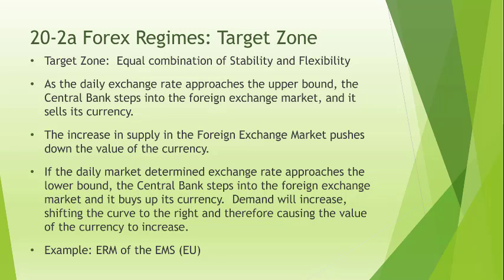It effectively sells the domestic currency and starts buying the foreign currency, whatever that is. So the increase in supply in the foreign exchange market pushes down the value of the currency. If the daily market determined exchange rate approaches the lower band, the other way around, then the central bank has to buy up its own currency, in other words, sell foreign currency.